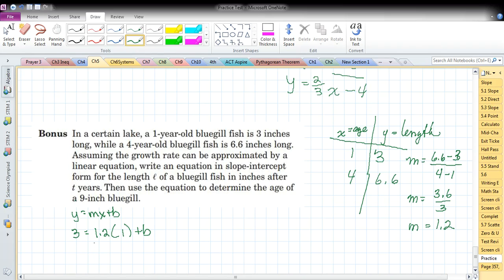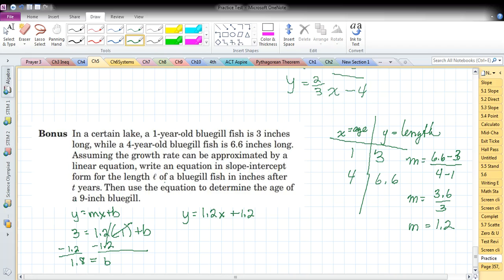If I solve for b, this is going to be 1 right here, so I can just ignore this. So subtract 1.2 from both sides. And this would be 1.8 is equal to b. So then I'm going to rewrite my equation. Y is equal to m, which is 1.2, x plus b, 1.8.